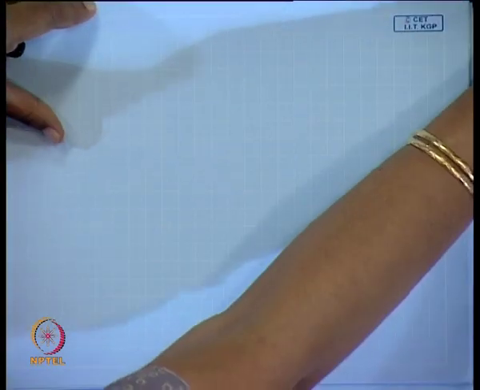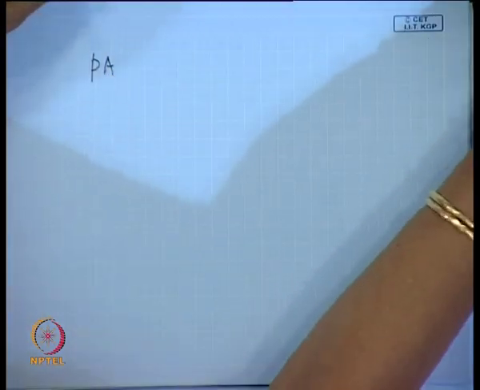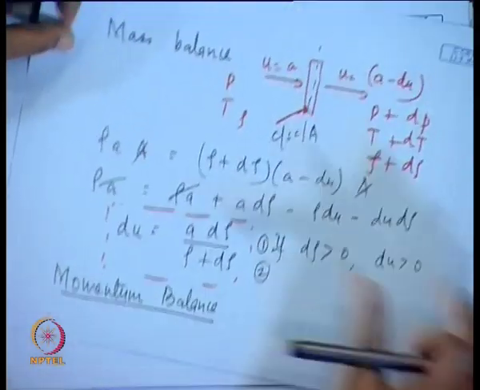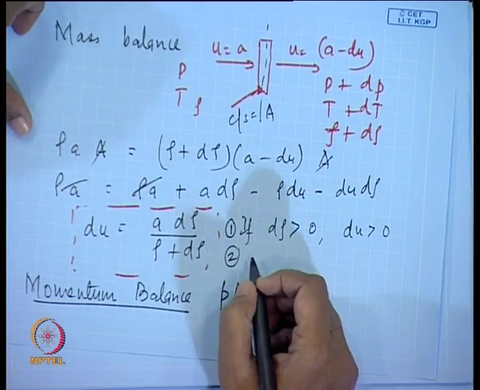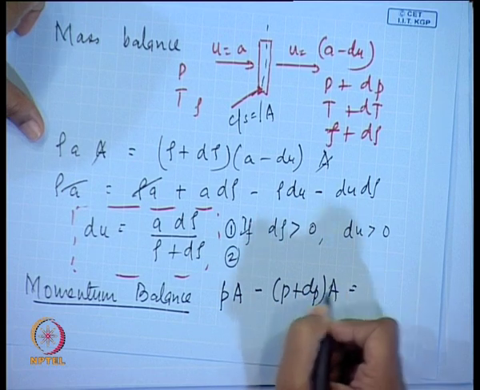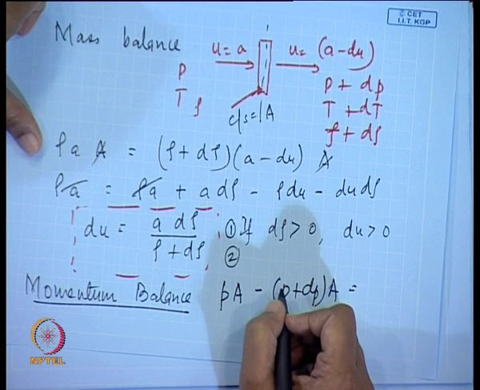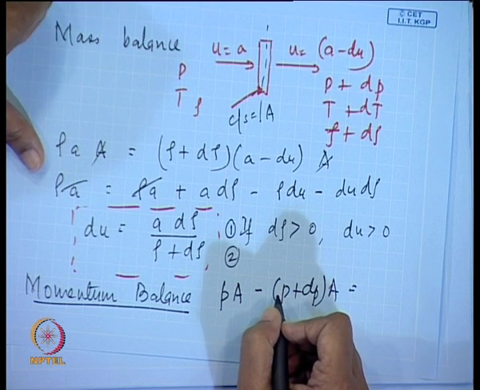So, from here we get P A, the force which is entering, minus (P plus d P) A. This is equal to the rate of momentum out minus the rate of momentum in.